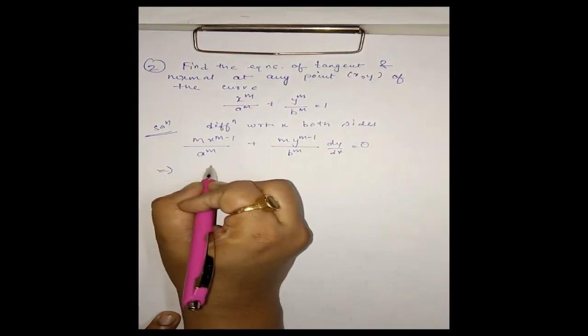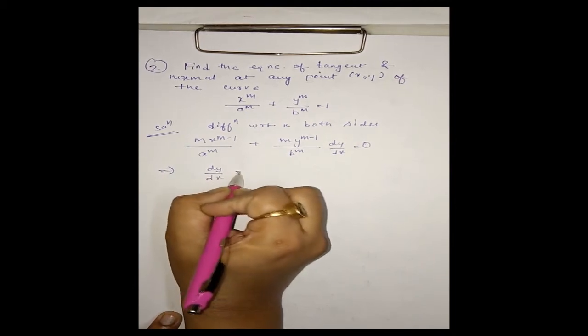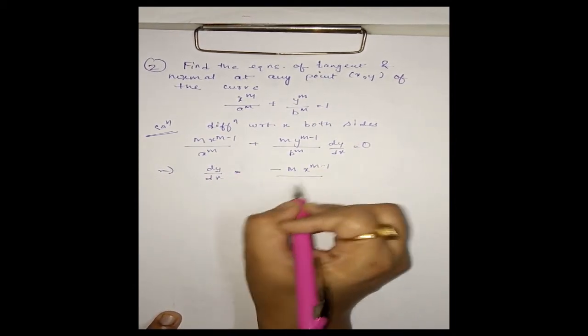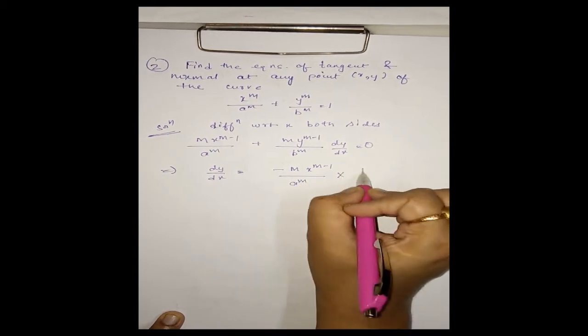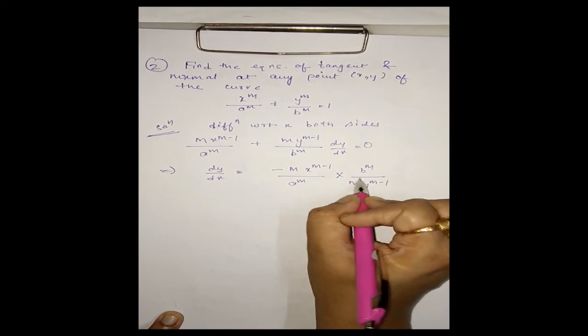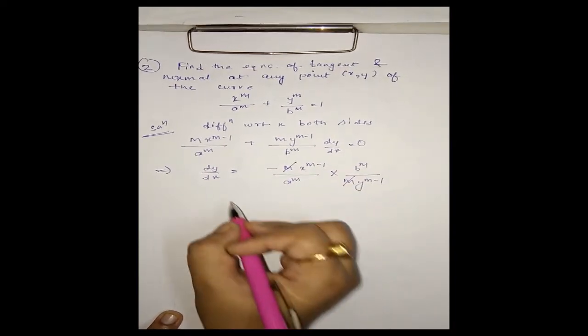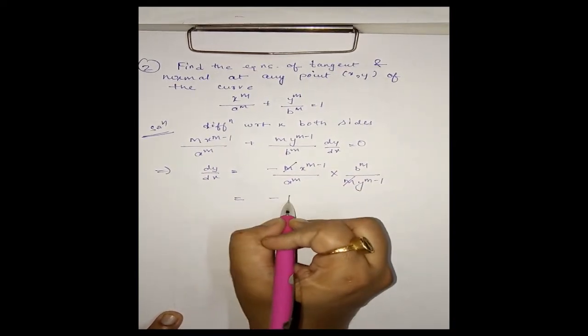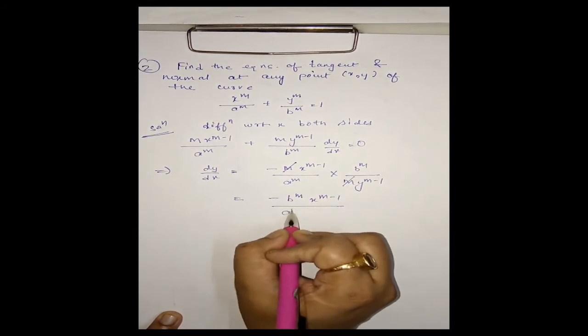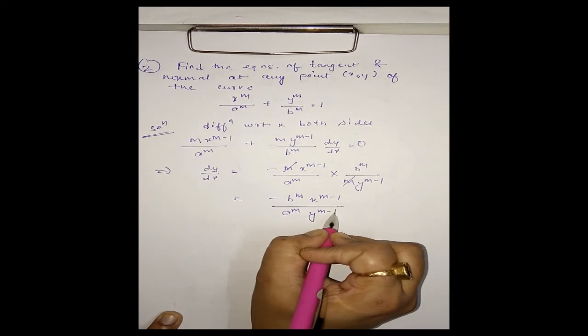That is dy by dx is equal to minus mxm minus 1 upon am into bm upon mym minus 1. This will get cancelled out and we are left with minus bm xm minus 1 upon am ym minus 1.